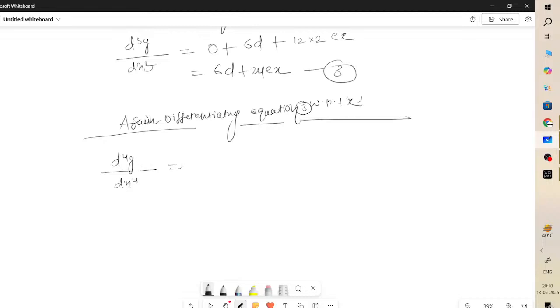Again because 6d is constant, we get 0, and differentiation of 24ex is 24e. So what we get is 24e, which is d4y by dx4, and this is our required solution.